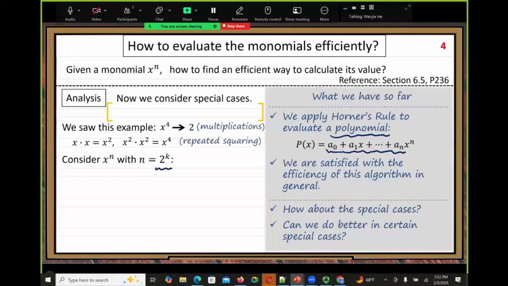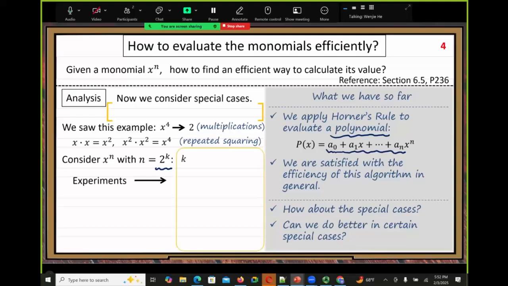Can you see how many square operations we need to calculate x to the nth power, where n equals 2 to the k, that special power of 2 number? We can use induction, we can use experiments, to see the rule. So what's that rule? Let's do experiments.